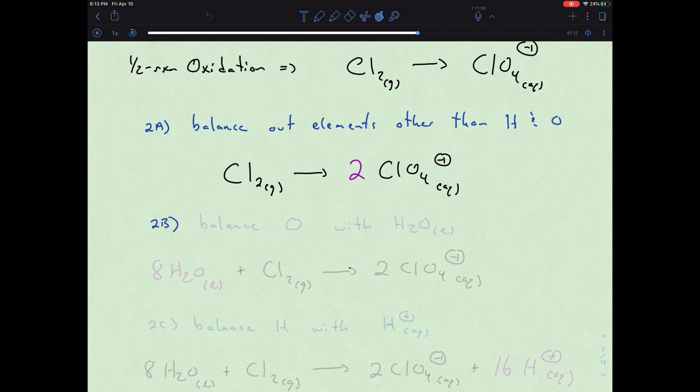Step 2B, we balance oxygens with H2O. So if we look at our reaction, we have 4 oxygens on the product side times 2, that's 8. So we would end up with 8 H2Os on our starting material side.